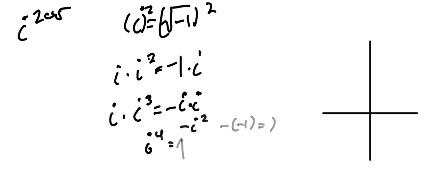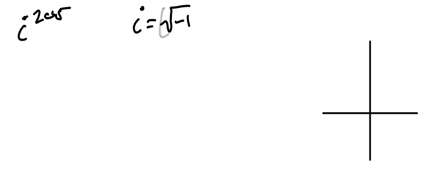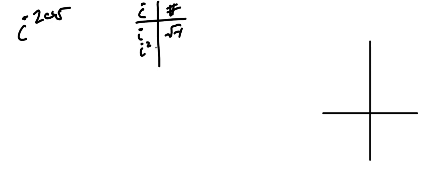So let's create a little table here for us to memorize. Let's have our i's on this side, and then let's have our numbers on this side. So i is the square root of -1. i squared equals -1. i to the third equals -i.